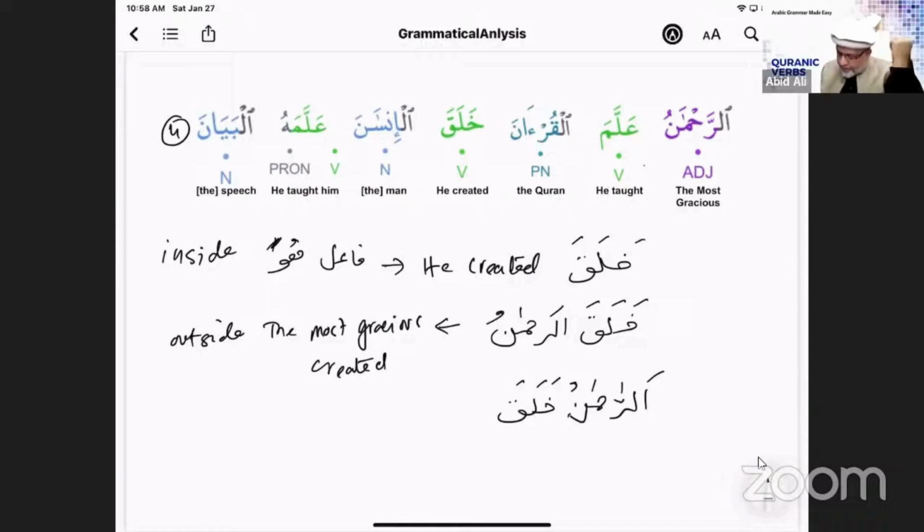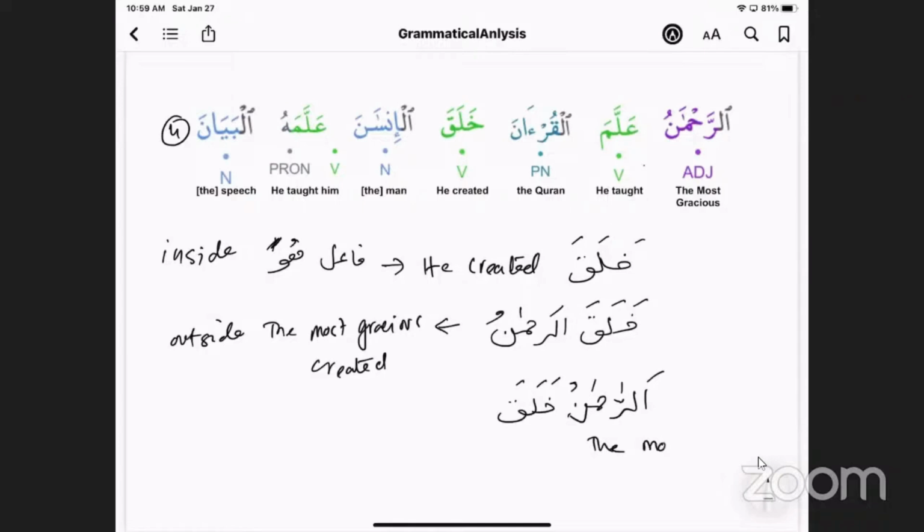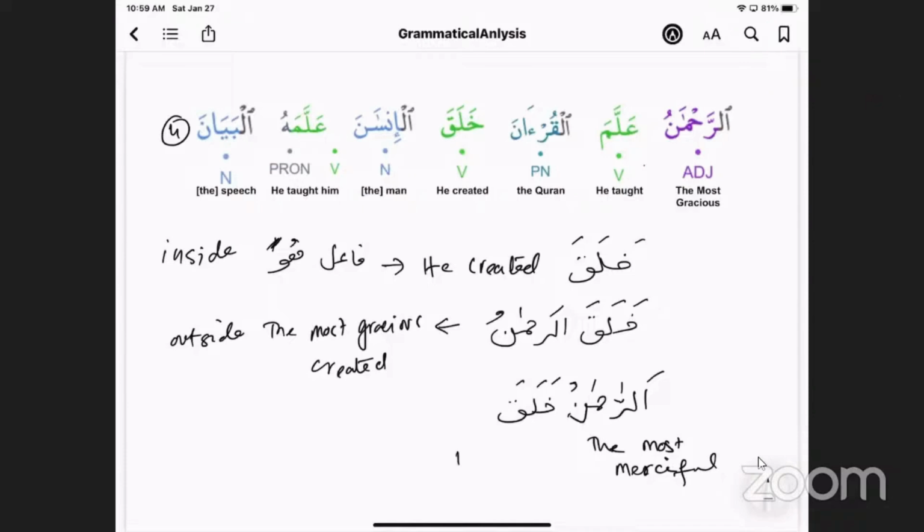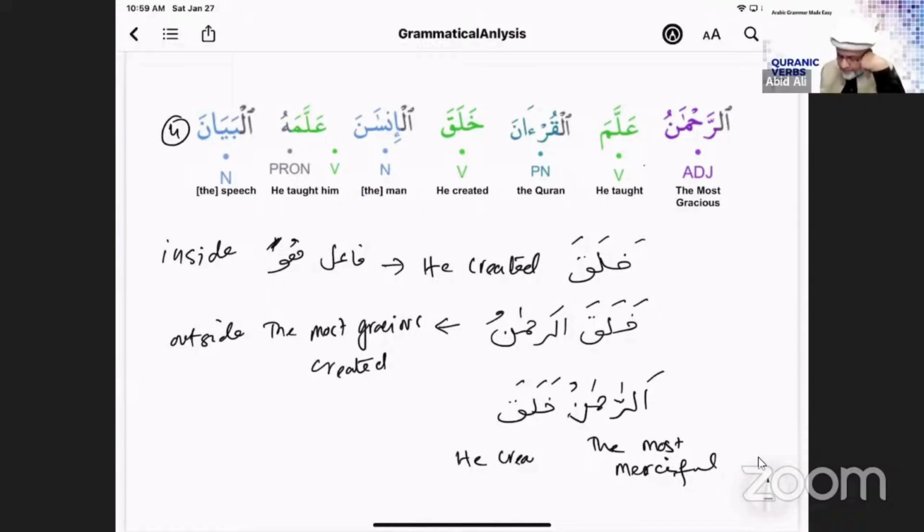No, that will not be the correct translation. You say the most Merciful, most gracious or most merciful. Then that is one translation, word for word. What is the meaning of khalaqa? He created. Why are we missing the "he"?